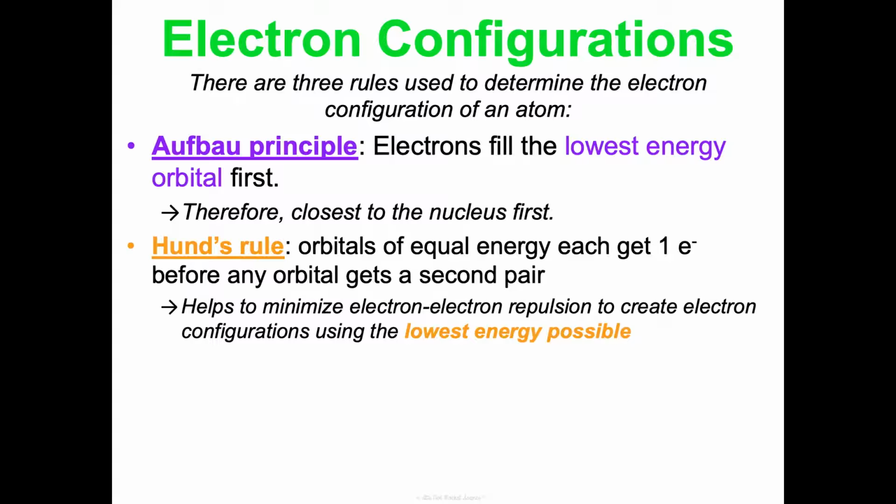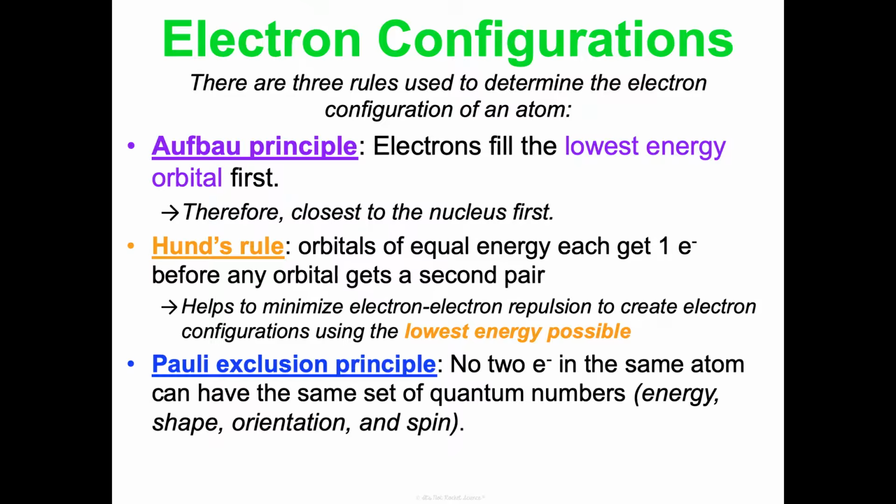Remember, the electromagnetic force is attractive between opposite charges, like the positive nucleus and the negative electron cloud, but it is repulsive between like charges, like the two negative electrons. And so this helps to minimize that because we want to have the lowest energy possible. So we're going to spread them out before we make them sit by someone. If you have a minivan and you've got 3 kids, you're going to put 1 kid in each row of the minivan before you force a sibling to sit by another sibling, to make it the least energy and the least drama ride to school as possible.